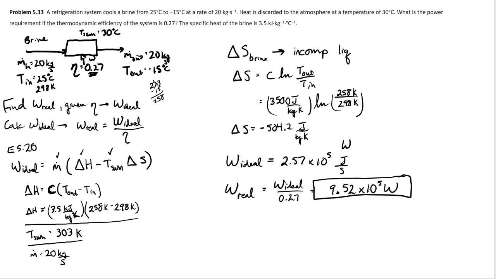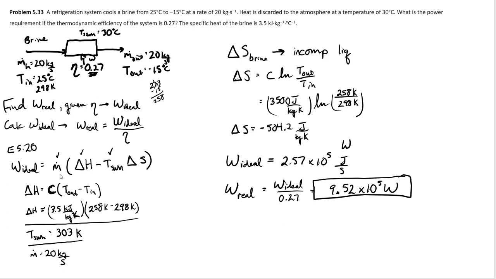So that's what this problem is getting you to work on, the concepts of real work and ideal work. Make sure that if work is required, going into the system, we divide by the thermodynamic efficiency. If work is produced, of course, then we multiply. You don't need to derive anything over again.